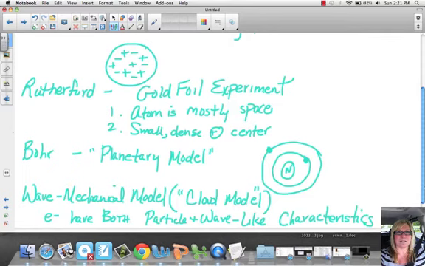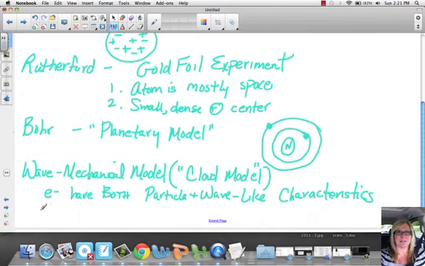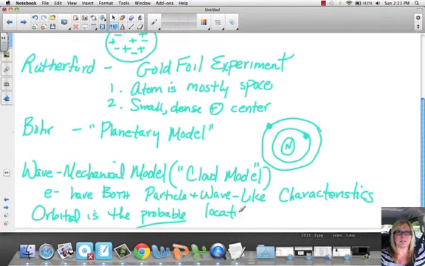And what he said, or what was determined, was that an orbital is the probable location of an electron, because electrons are constantly moving. So that's the sequence of scientists. And you can look at your notes just to go into a little bit more detail with them. I was just giving you a very, very brief overview.